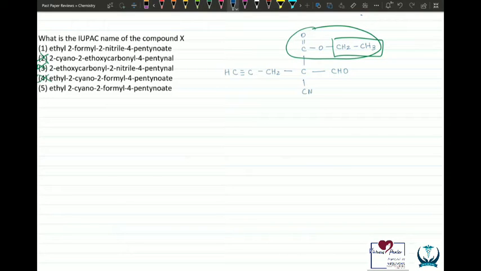As the ester carbon has the highest priority, we start numbering from here: 1, 2, 3, 4, 5, and now we start naming the groups. So we have a formyl group here, a cyano group here, and an alkyne, a triple bond, here.